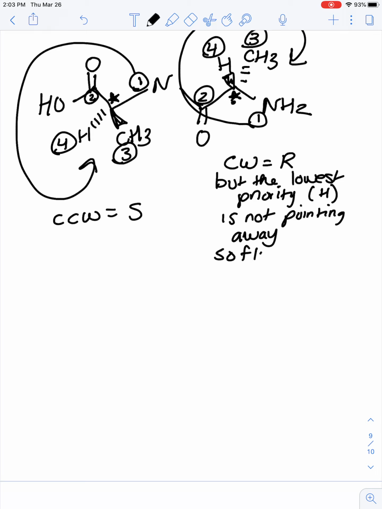So we have to flip. So that would mean that this would be an S configuration. So a lot of times you'll see it just written right at that stereo center.